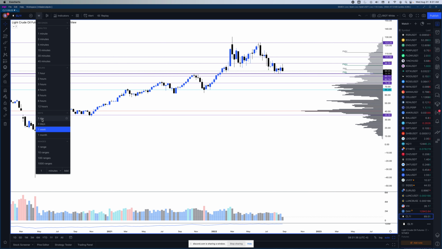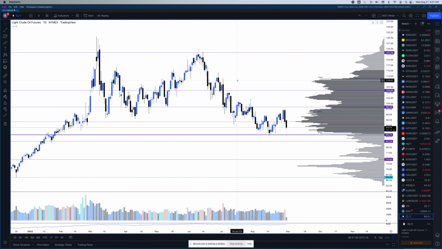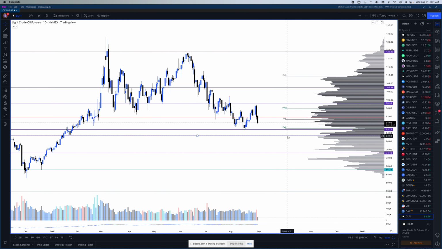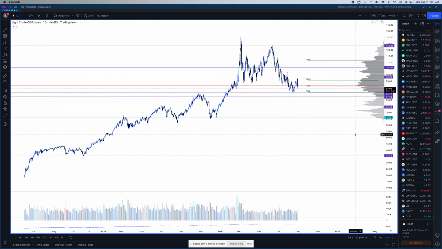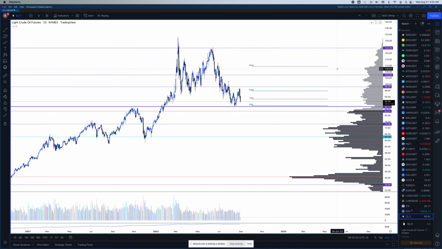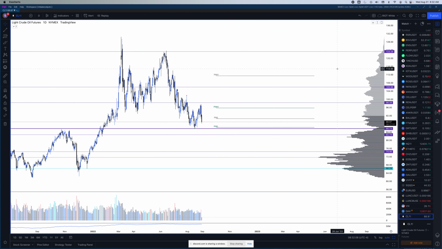And then I go to the daily. What I have now is very clear areas and potential pivot points. I can see that there's a significant volume pocket here when I zoom in, but when I zoom out, it's not really there, right? So I think if you're bullish, you've got two options here.